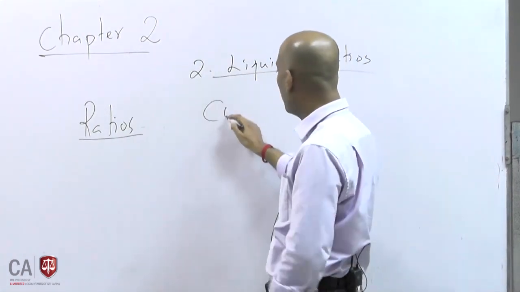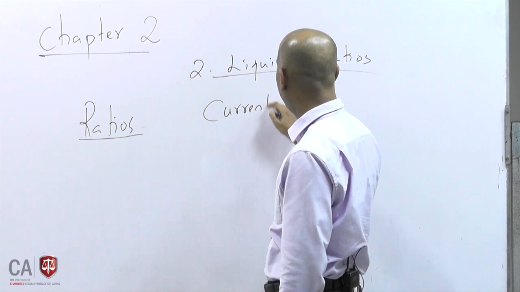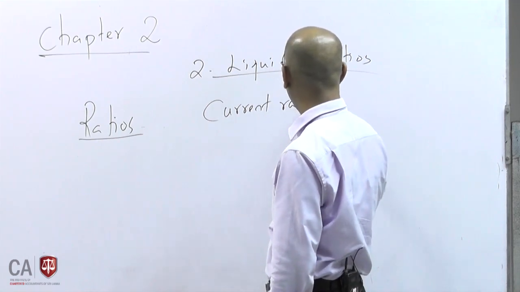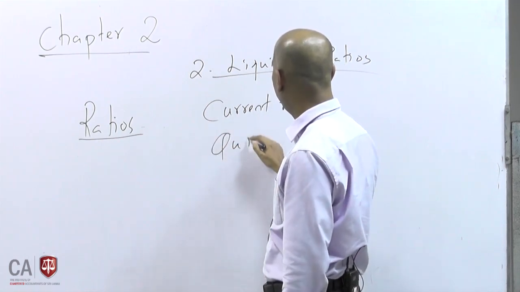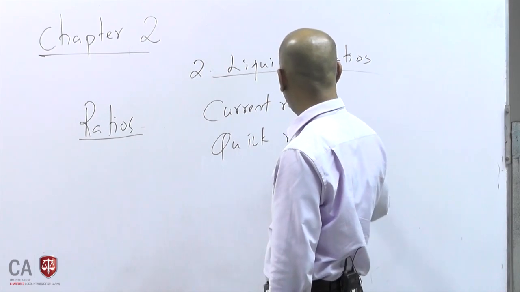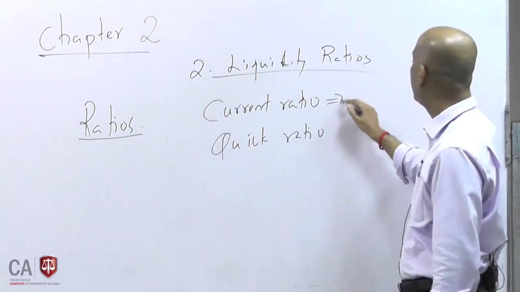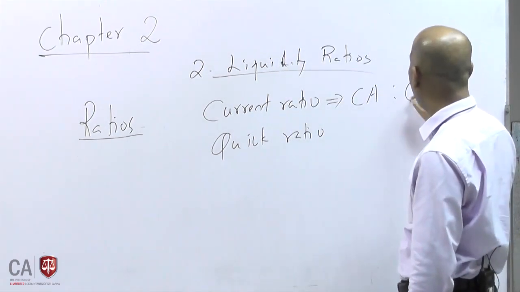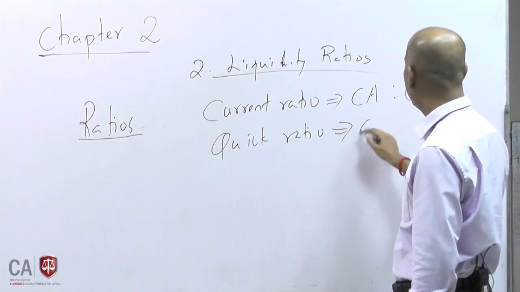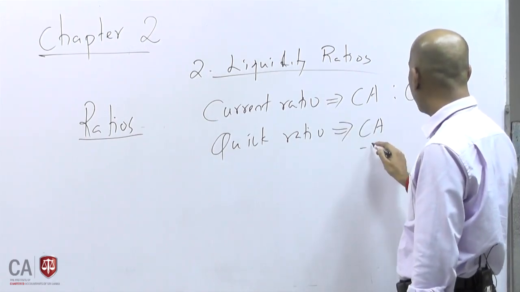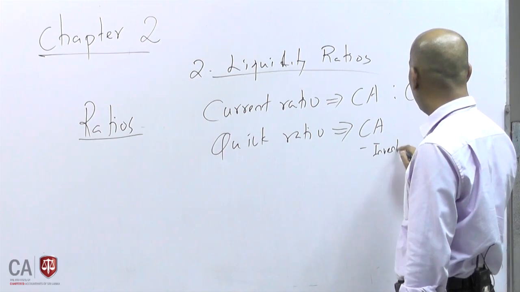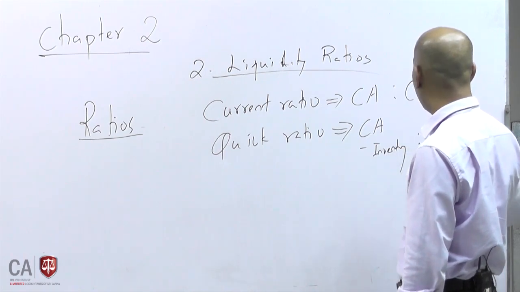Mainly the liquidity ratios are the current ratio and the quick ratio. Current ratio is current assets to current liabilities; quick ratio is current assets minus inventory to current liabilities.